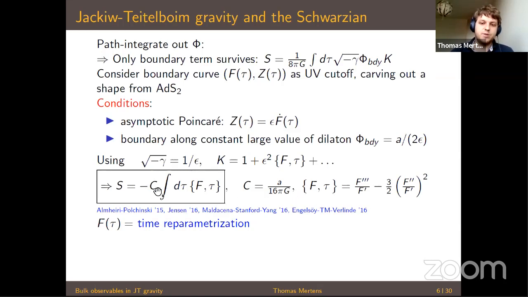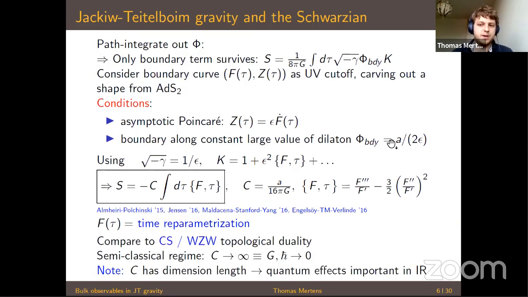And I have introduced this big C coupling constant here. You find it by combining this a value of the dilaton field with the 1 over G Newton that was present in the action to begin with. And this is an effective coupling constant of this theory. And this theory is called the Schwarzian theory, which was found a couple of years ago, roughly simultaneously in these papers.